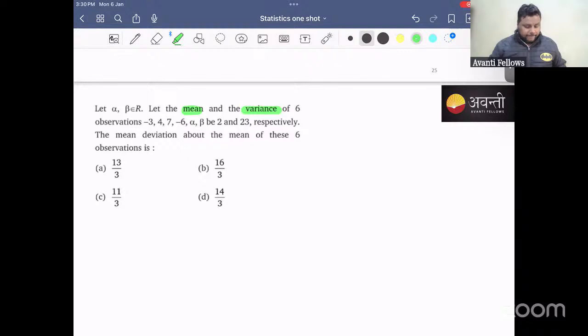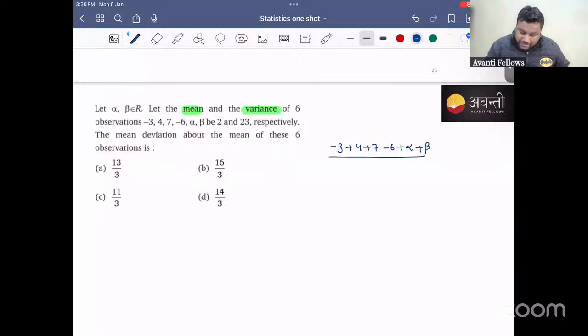Let's do it. Mean is minus 3 plus 4 plus 7 minus 6 plus alpha plus beta, whole divided by 6. That is 2. This is what mean is.